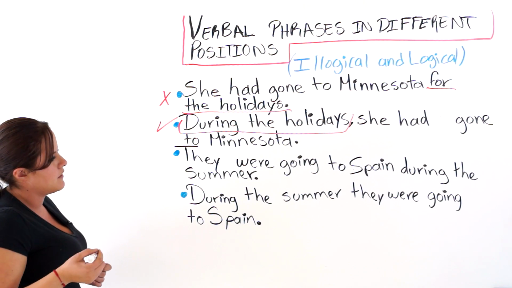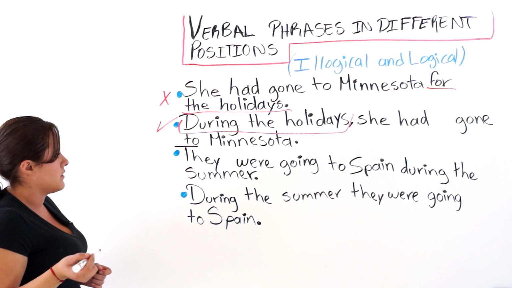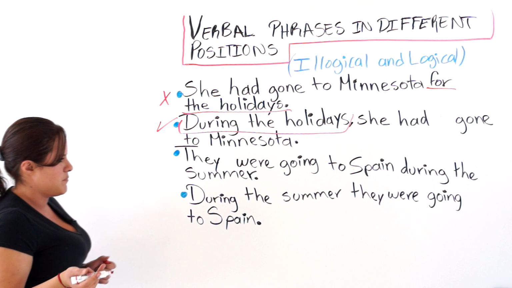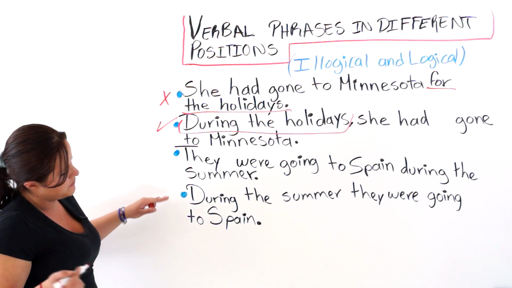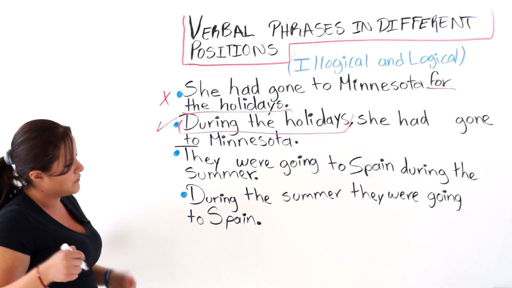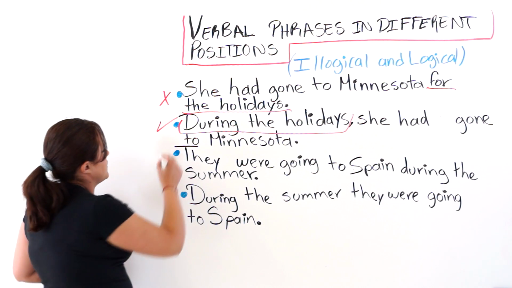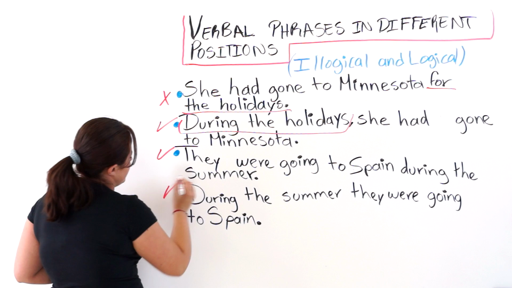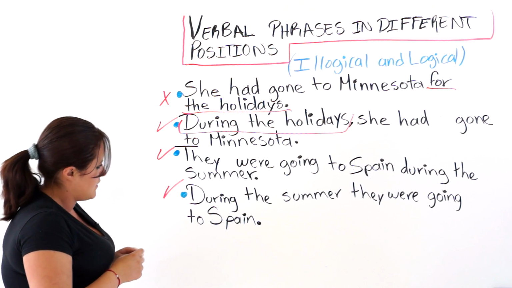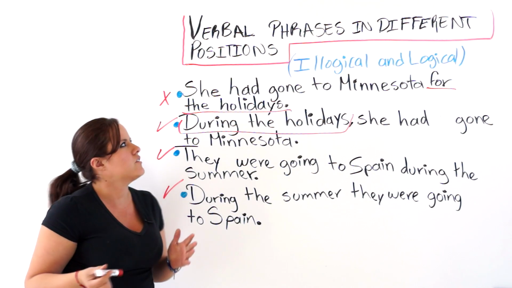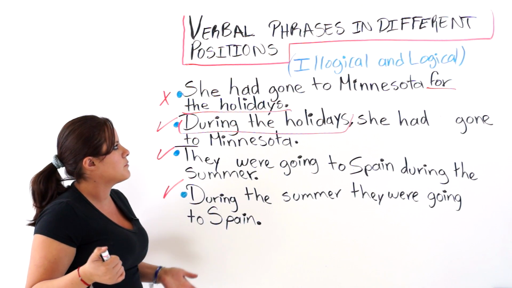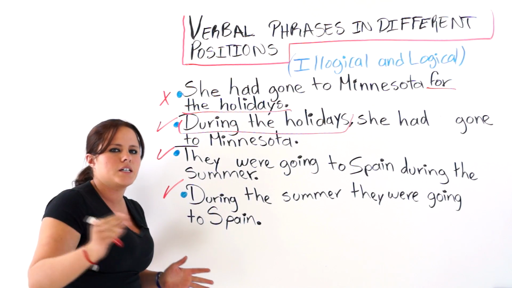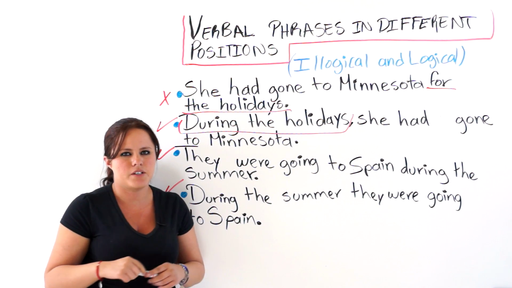It makes perfect sense to me. But it would sound better if you said, during the summer they were going to Spain. Alright? But you could count them both as correct. So this is the way you change a verbal phrase into a different position and still make logical sense out of it.